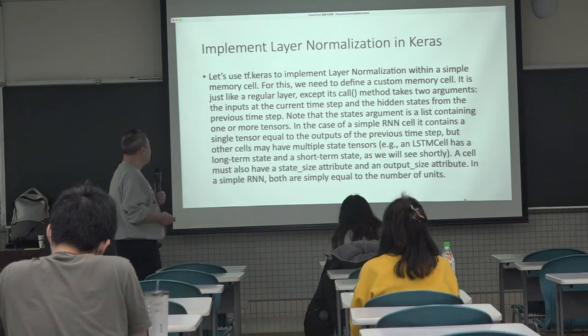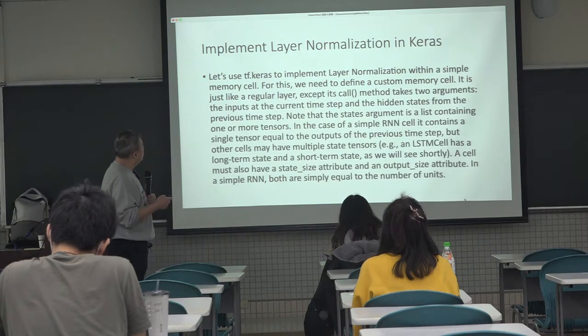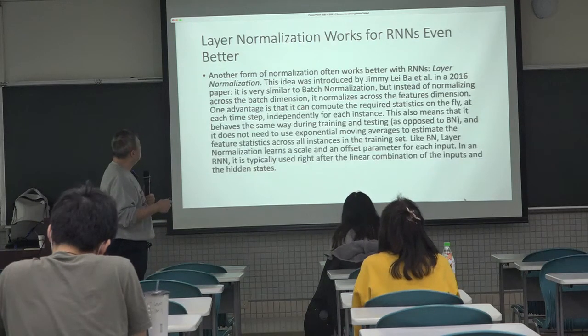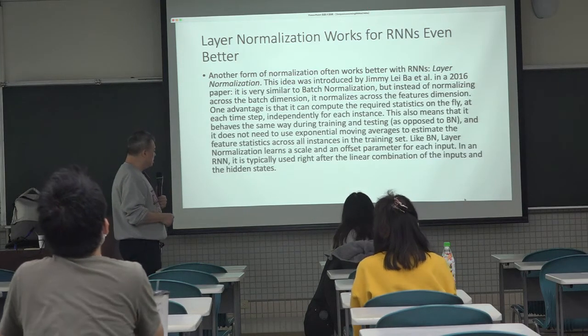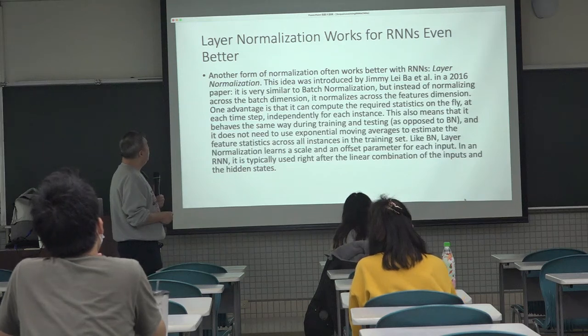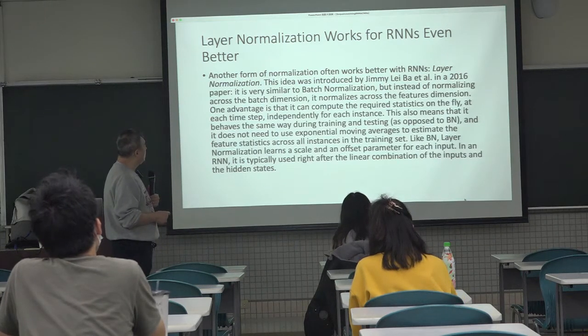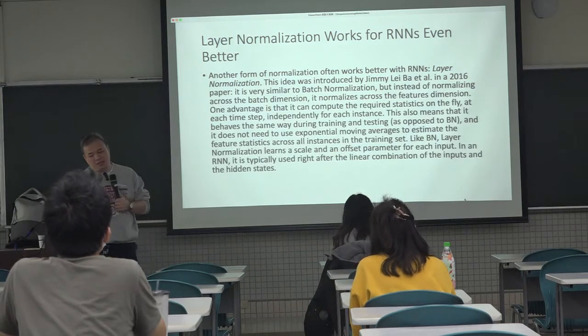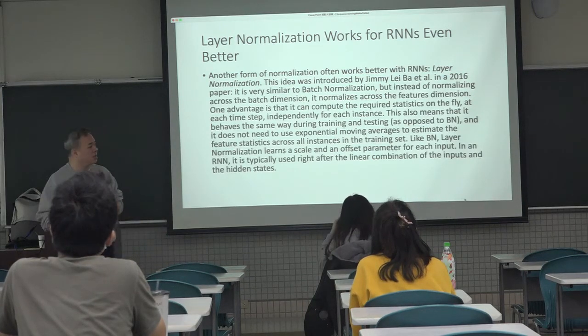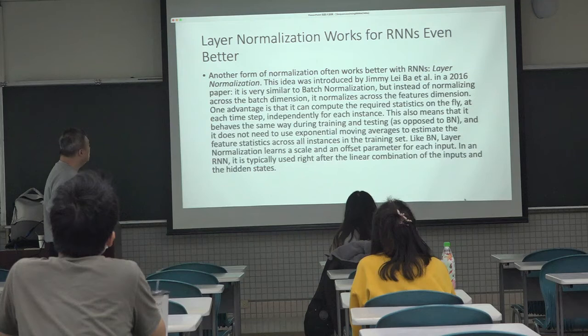Back to the lecture. Last time we talked about layer normalization, right? We talked about regular normalization: batch normalization does not work well for the RNN. It's a little bit better than nothing, but really doesn't help a lot.